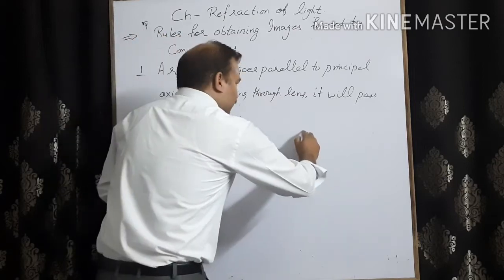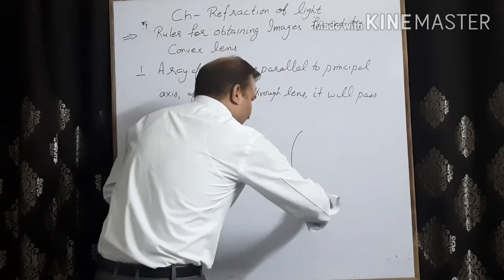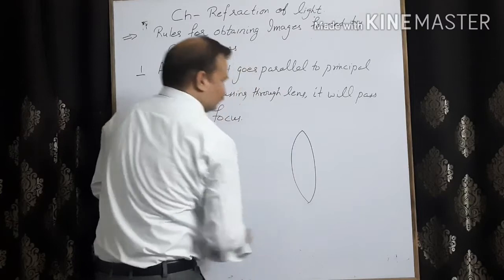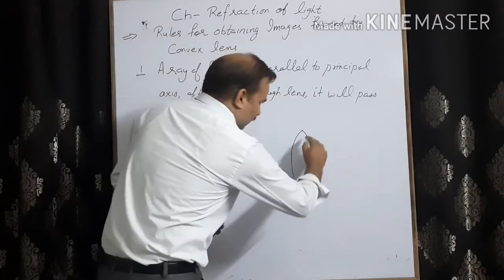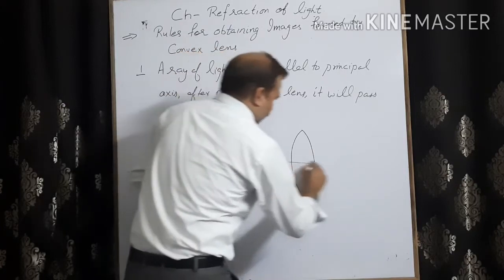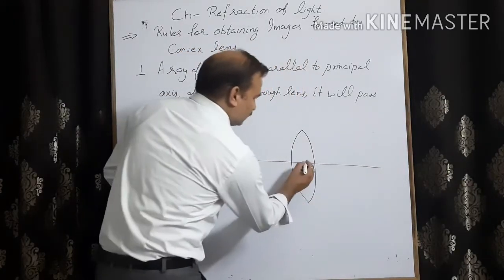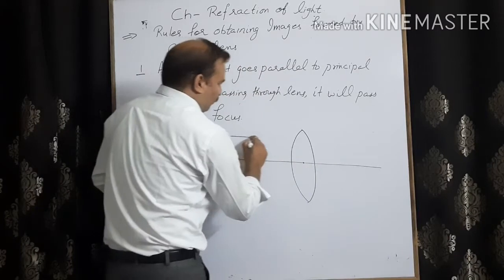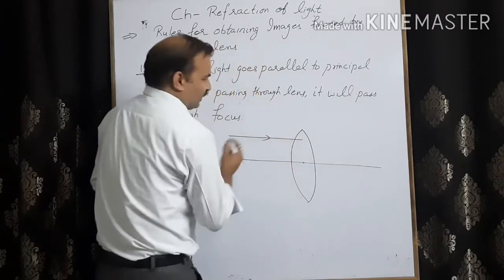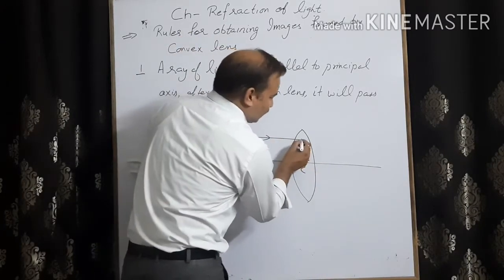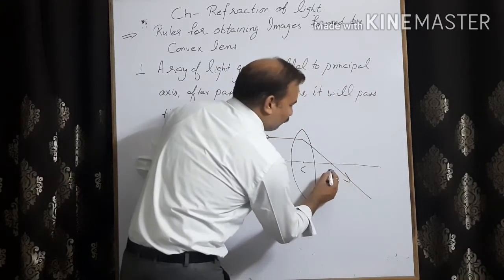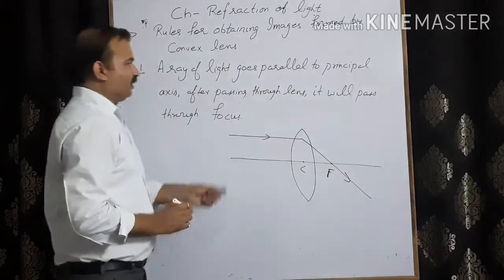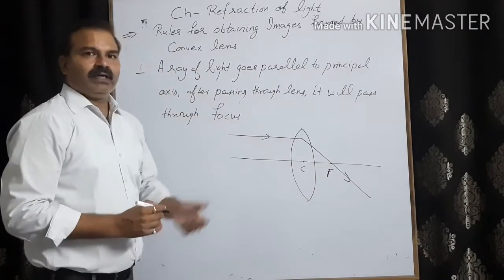For example, this is a ray of light, this is a lens and this is the principal axis. If a ray of light falls parallel to the principal axis, after refraction it will pass through the focus. This is rule number 1.